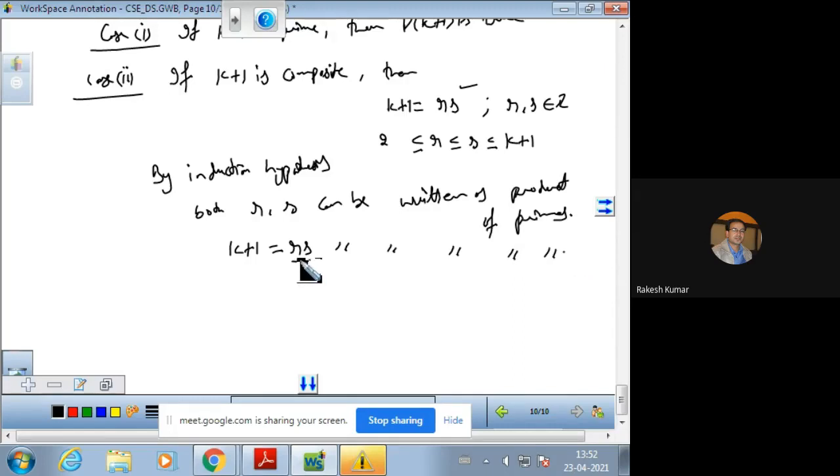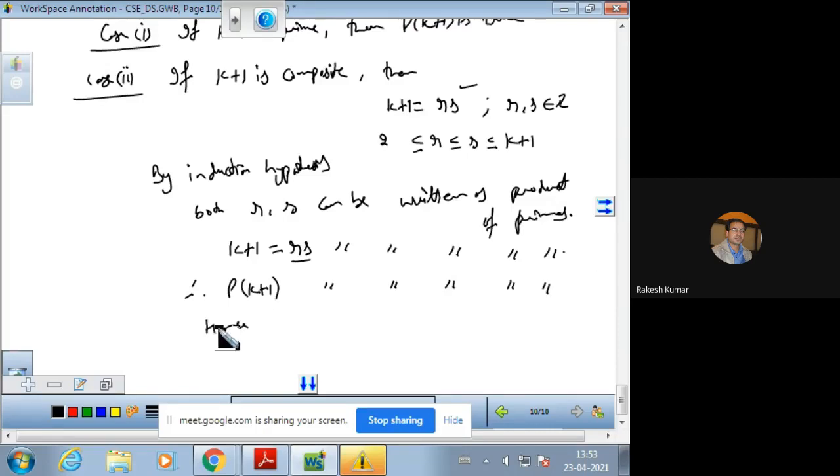So अगर r into s को लिखा जा सकता है तो k plus 1 को भी लिखा जा सकता है because वो दोनों सेम है. So therefore P(k plus 1) can be written as a product of primes.